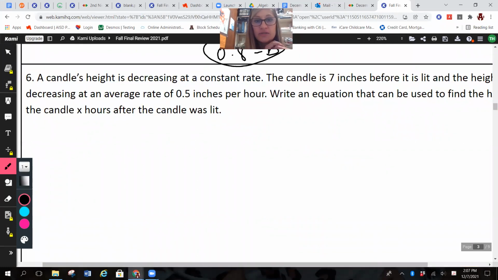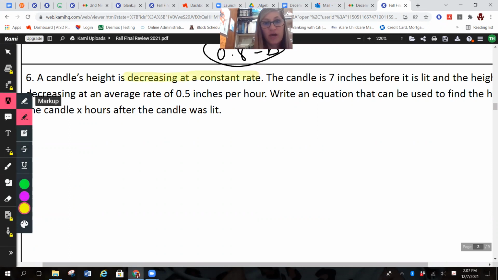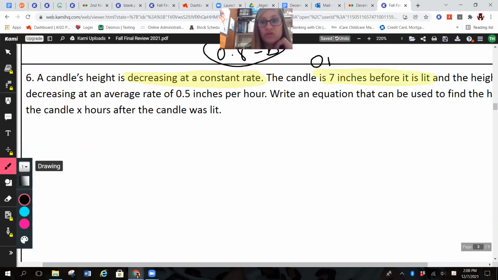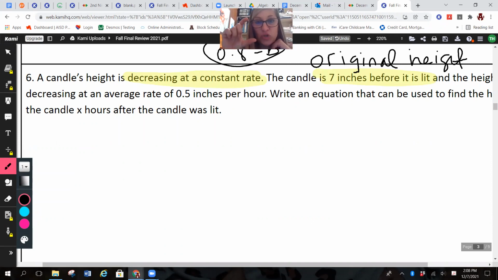A candle's height is decreasing at a constant rate. I would underline or highlight that. The candle is 7 inches before it is lit. So this is its original height. Yeah, before you light it, it is 7 inches when you buy it off the shelf.